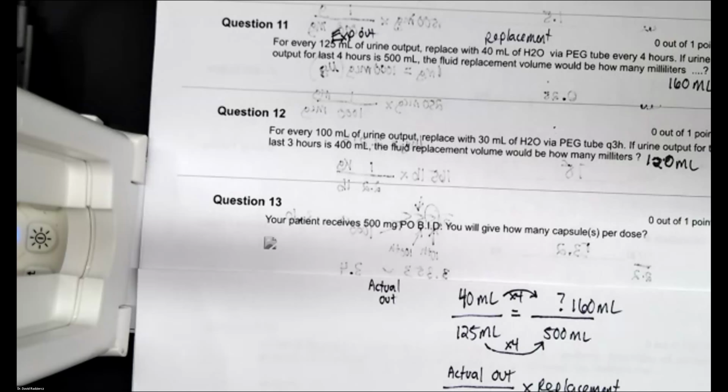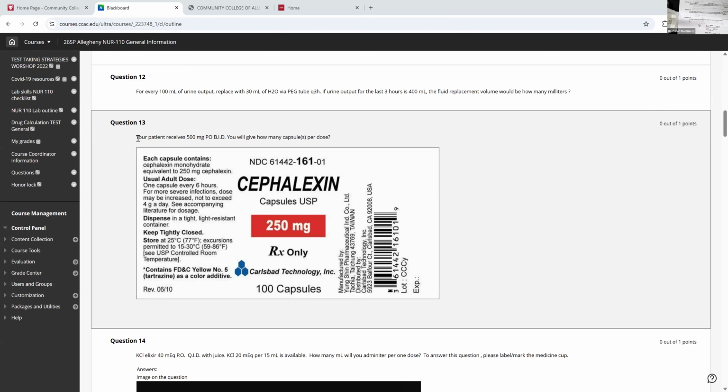All right, so this one I have to pull up, and I'm going to share my screen. The question says your patient receives 500 milligrams by mouth, BID, and then asks how many capsules will they receive per dose.